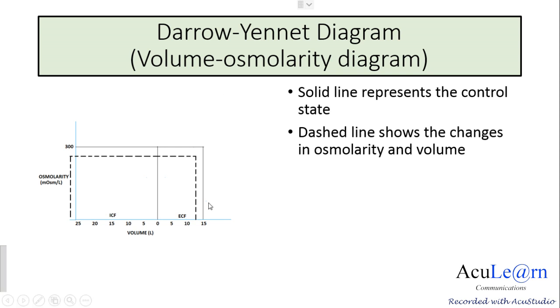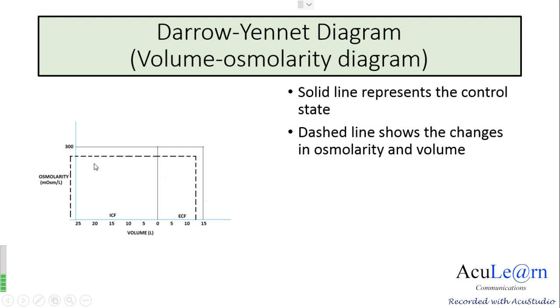Now, if the dashed line cuts the x-axis and is inside the solid line, then the volume is decreased. And if the dashed line cuts the x-axis and is outside the solid line, then the volume is increased. The same is with the osmolarity dashed line.